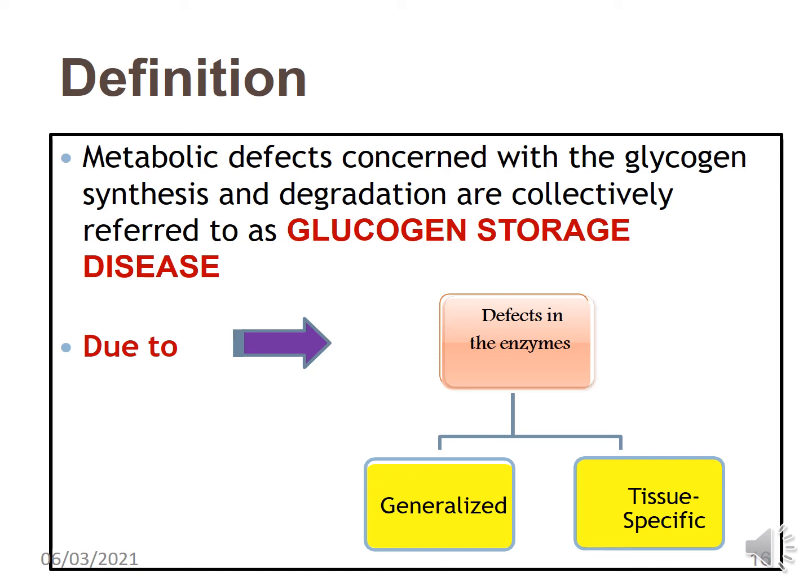Glycogen storage disease is a metabolic defect concerned with glycogen synthesis and degradation, collectively referred to as glycogen storage disease. Both of them, synthesis and degradation, are related to glycogen storage disease.